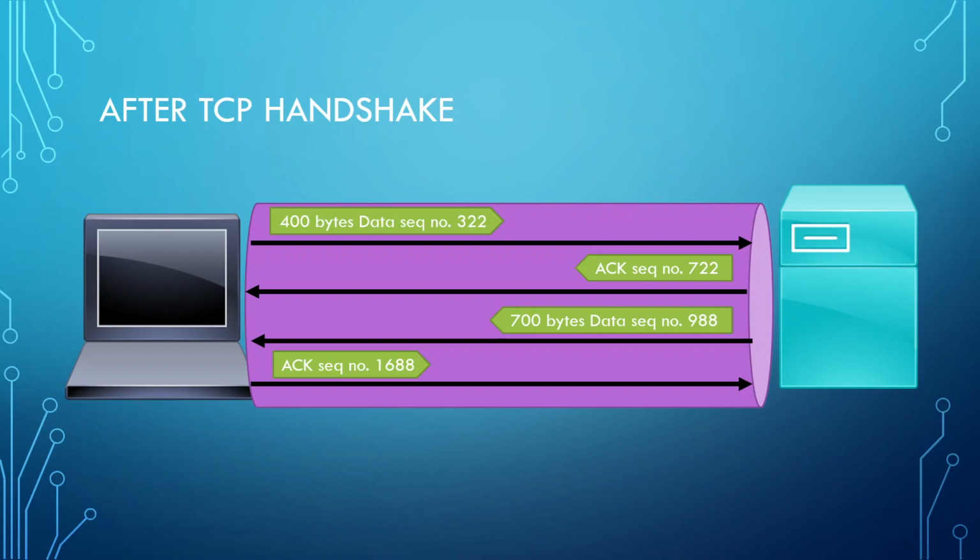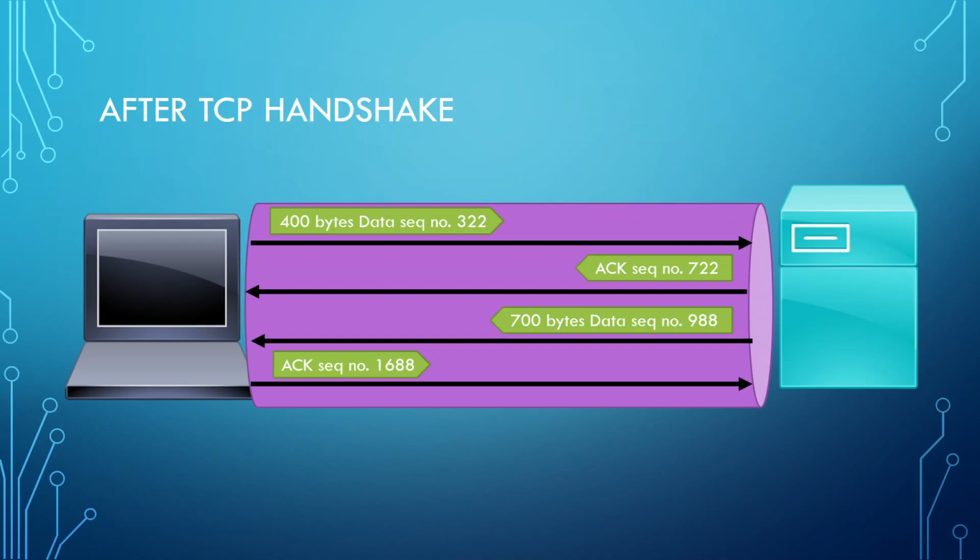Now let's have a look at what happens after the TCP three-way handshake. Obviously after the handshake, after that connection has been established, they're going to start to exchange data. So in this case, the client is going to send a data packet with a sequence number of 322, and that TCP packet is going to have 400 bytes worth of data. The server receives it.